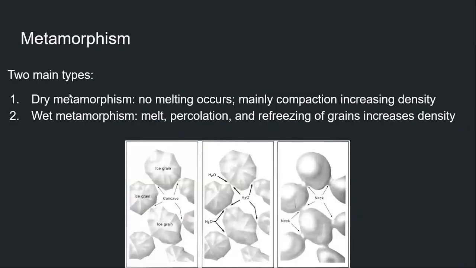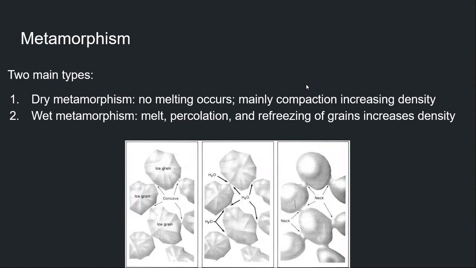So there are basically two types of metamorphism: dry metamorphism and wet metamorphism. Dry metamorphism means that no melt is occurring, and it's mainly the fact that you bury your snow layer that increases the compaction. It will break away the snowflakes, and therefore they will stack on top of each other much more easily.